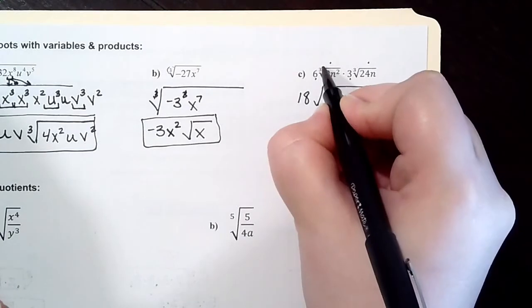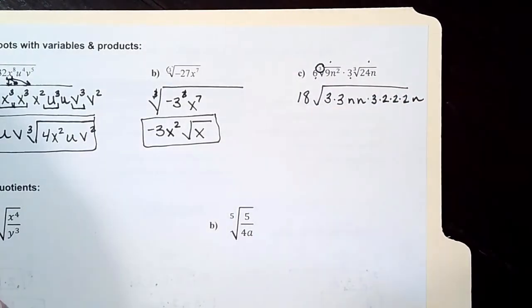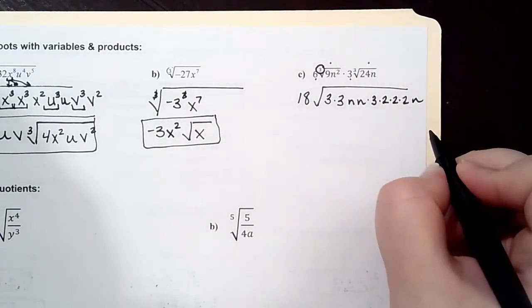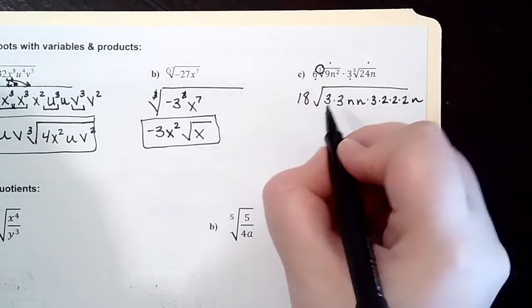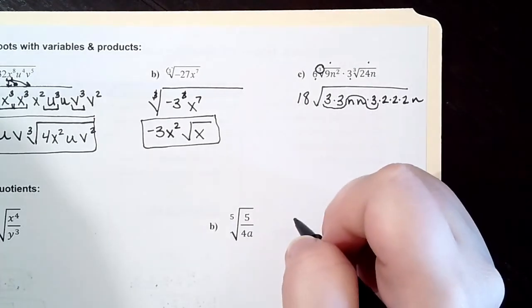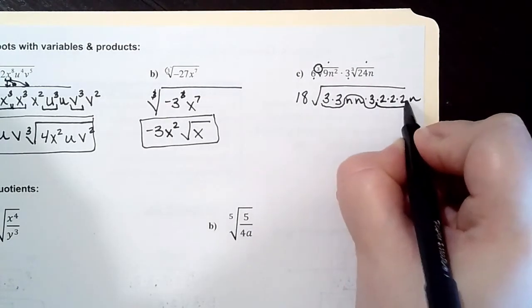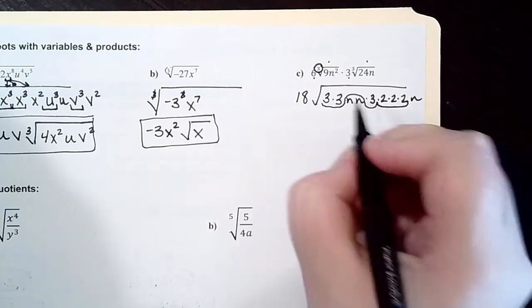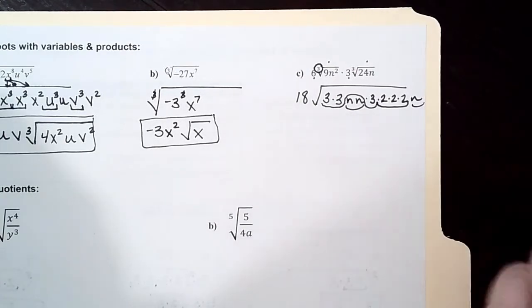From this point, I'm looking for nice trios, nice cubes. So anything that comes in threes, I'm going to pull out to the front. In this case, they're not together, but I've got threes, I've got a set of twos, and I've even got n's.